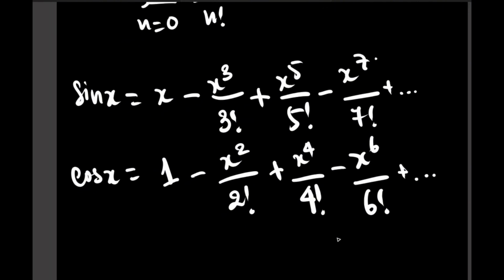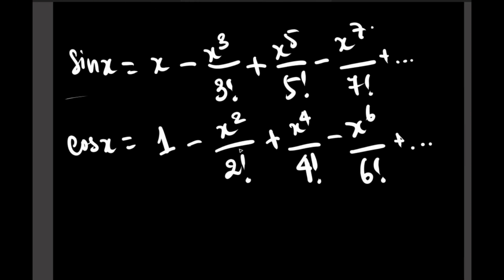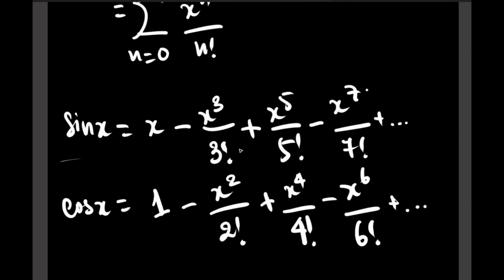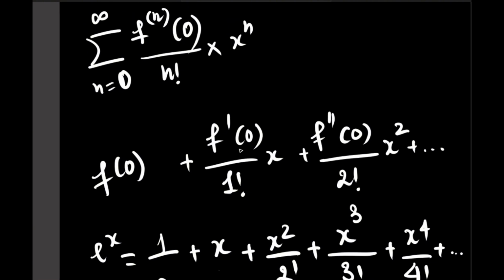We can see that the MacLaurin series for sine x and cosine x are really similar. They're just like odd and even powers, so you can easily memorize them.